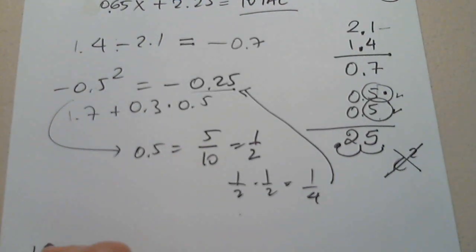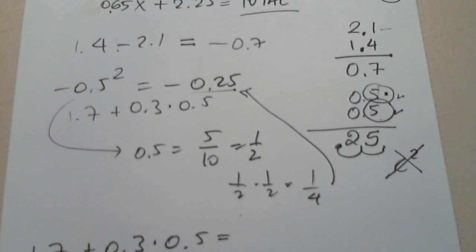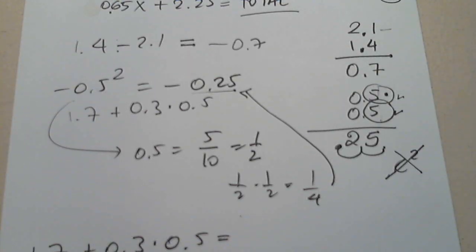So now let's work on this. 1.7 plus 0.3 times 0.5. So let's see what we get on this one. 1 minute, please. Please, let's work on this.